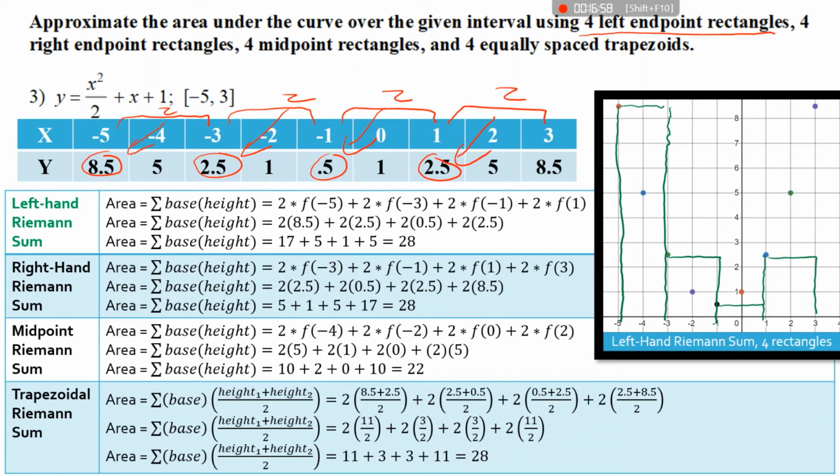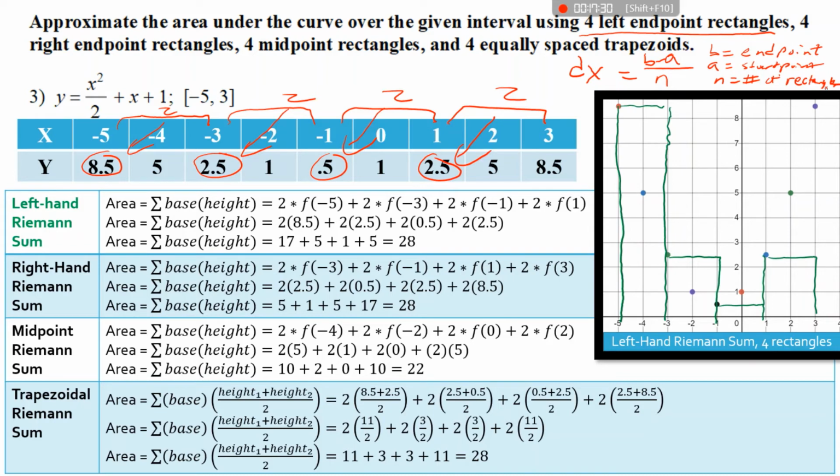So my change in x is equal to the difference between the starting value and the ending value, so that's b minus a, divided by n, where n is your number of rectangles. a is the start point. n is the number of rectangles.